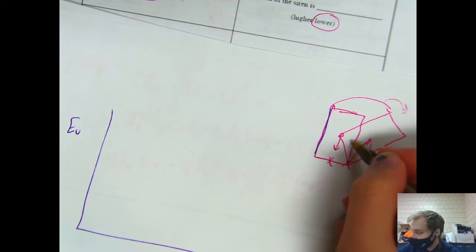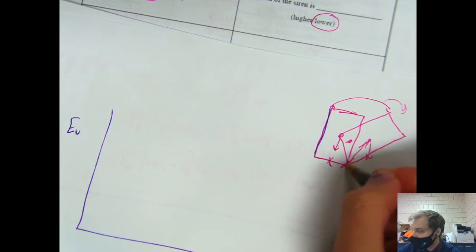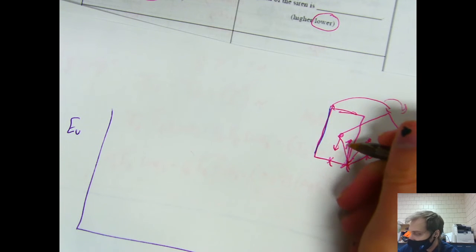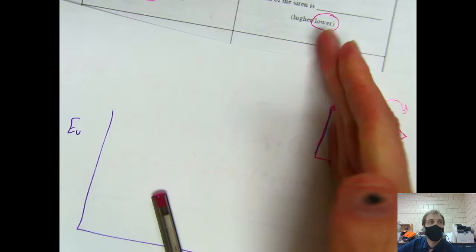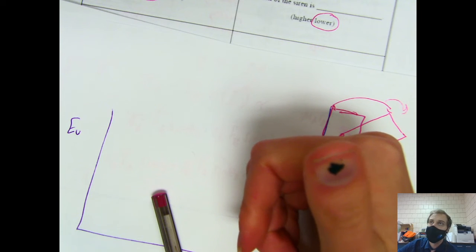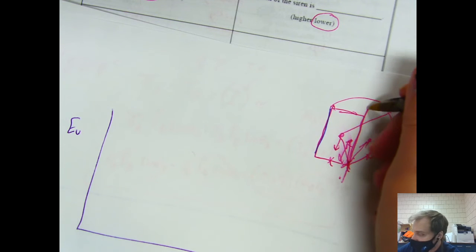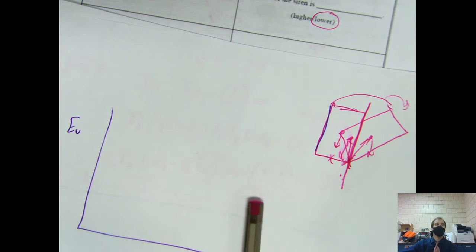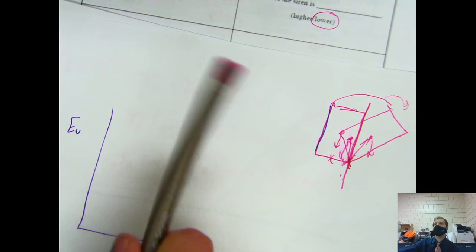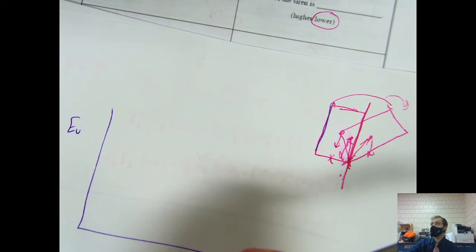But if my center of gravity is over here from the pivot, the torque goes the other way. So if the center of gravity is able to shift over the center line of the pivot, it'll fall because the torque is accelerating it away from a stable position.